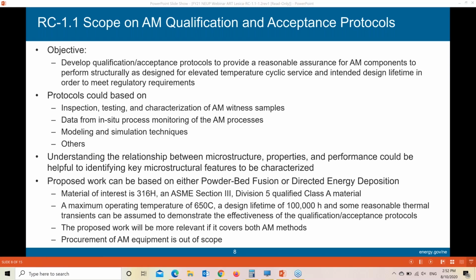Will someone at DOE provide the additive manufactured samples for RC 1.1? Not specifically.